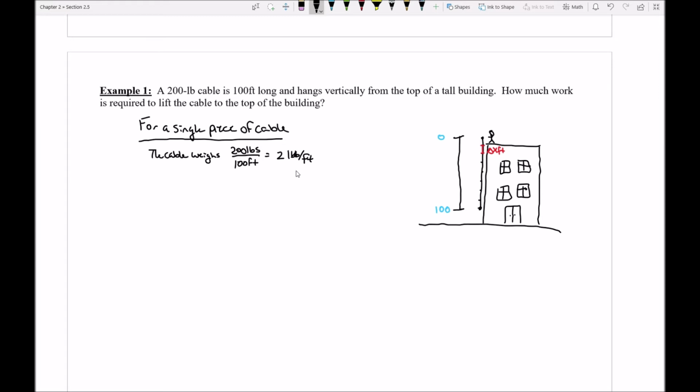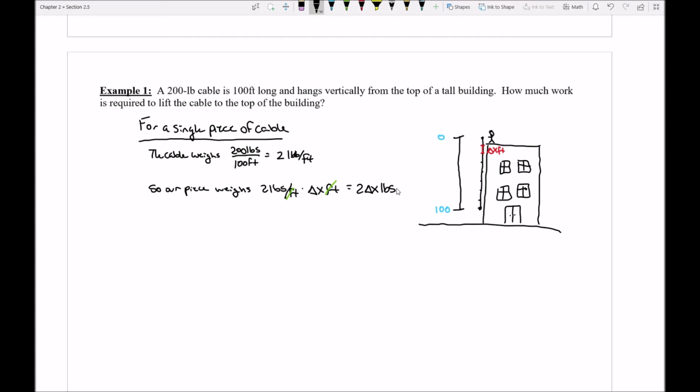So if my cable weighs 2 pounds per foot, and my piece of cable here is delta x feet long, I can say that our piece weighs 2 pounds per foot times delta x feet. If I track what's happening here with the units, I can see that I'm going to be left with just a number of pounds. That cable weighs 2 delta x pounds.